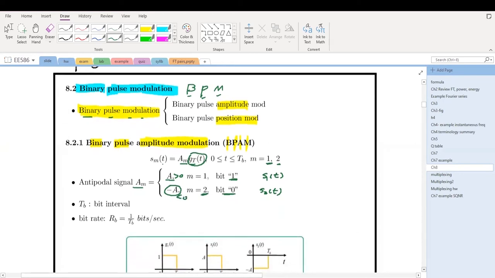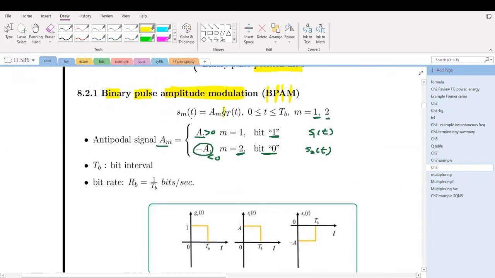Let's look at this chart. So this is a waveform, g(t). It's rectangular. It has a duration of T_B. The magnitude is 1.